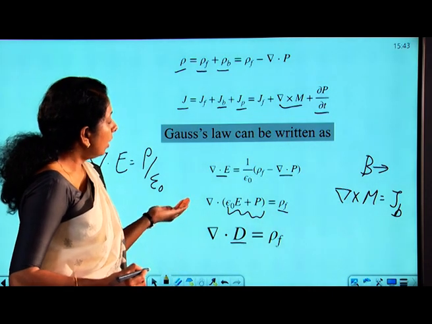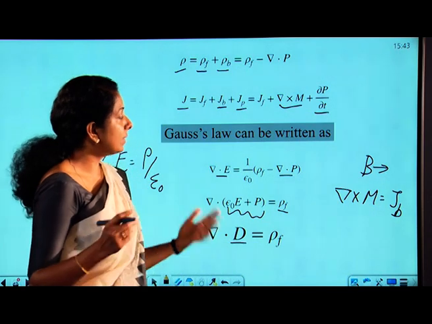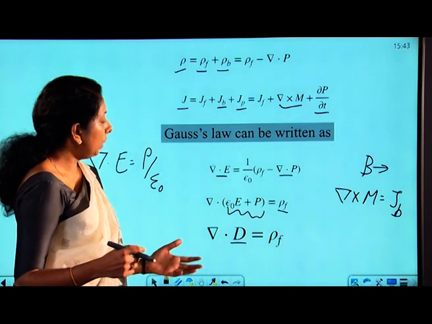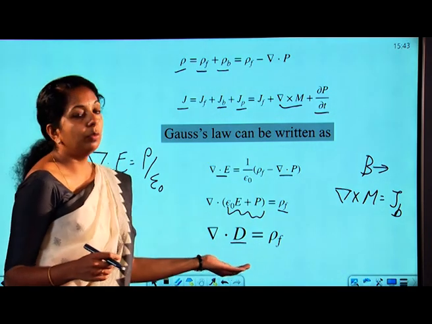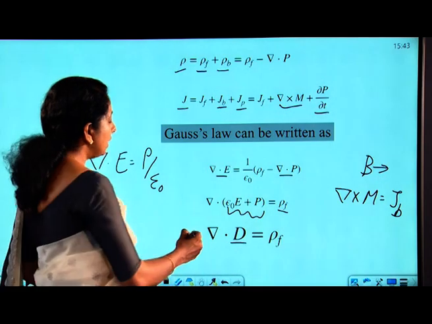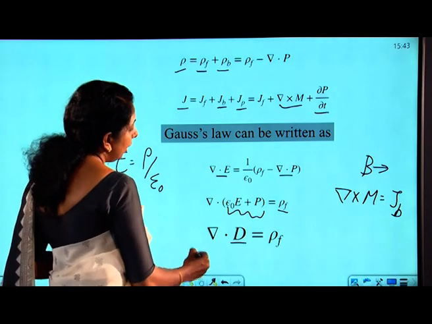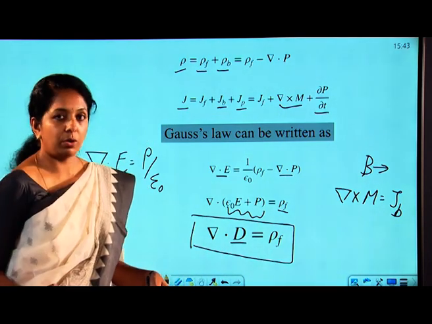So, del dot D is equal to rho_f. So, inside matter, Gauss's law becomes: divergence of D is equal to rho_f, or the free charge density.